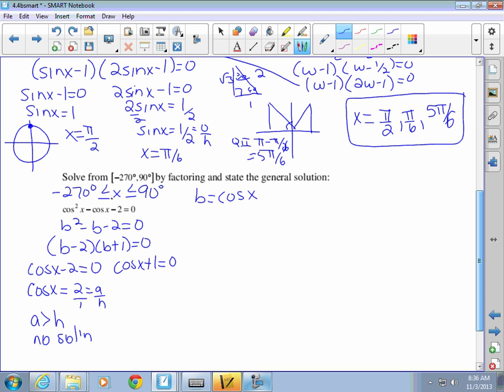So I go to the cos x plus 1. So cos x is equal to negative 1. So this means I would have my adjacent side, cos is adjacent over hypotenuse. So this is a ratio of negative 1 over 1.